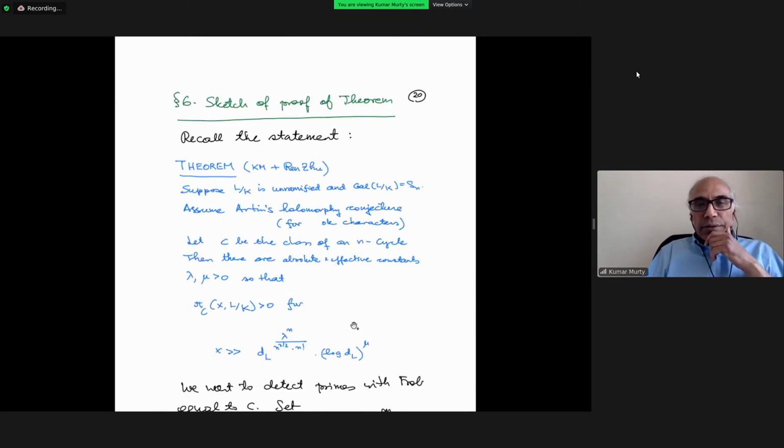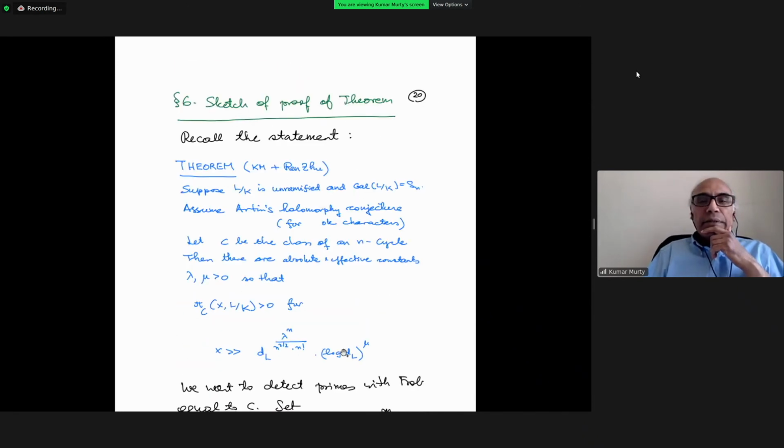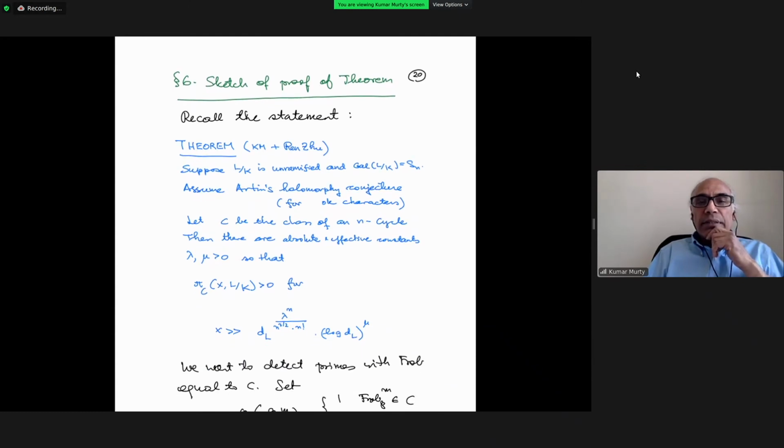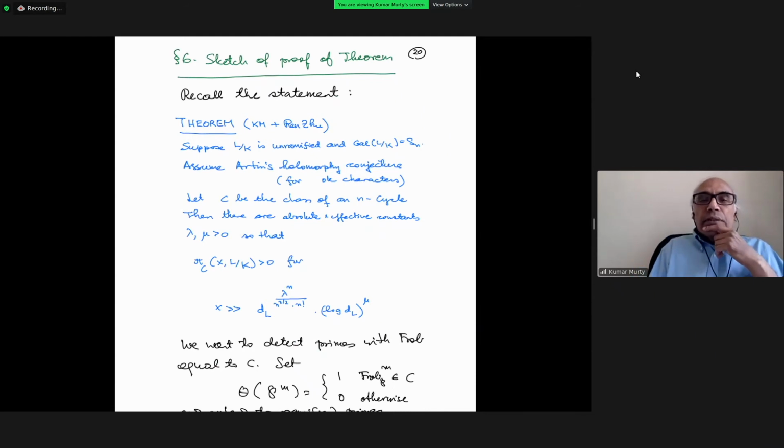Okay, so let's now see if I can give you a rough sketch of how the argument here goes. So just to recall the statement. I have an unramified extension of number fields, Galois group is S_n. We're assuming Artin's holomorphic conjecture. Something got erased here. I just need it for the L-functions associated to the hook characters.